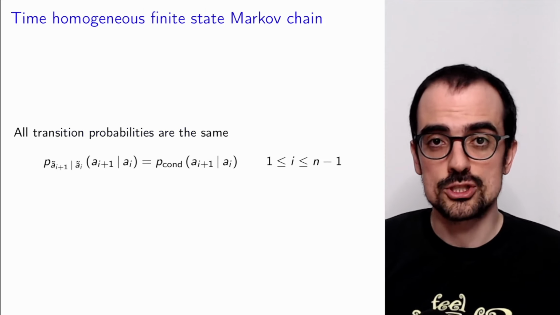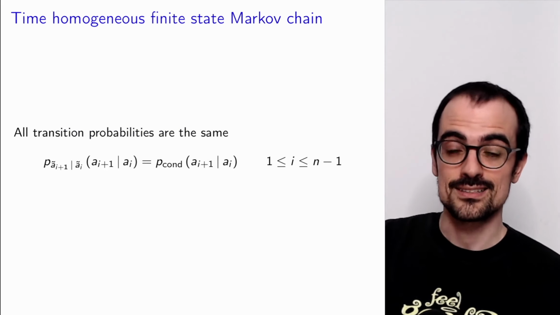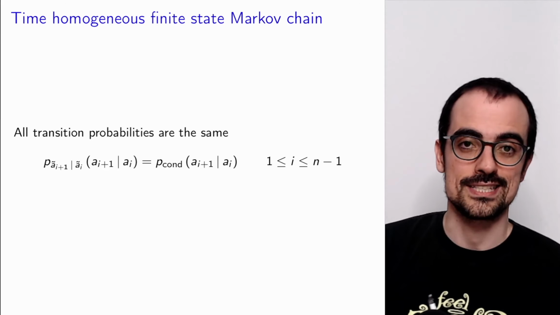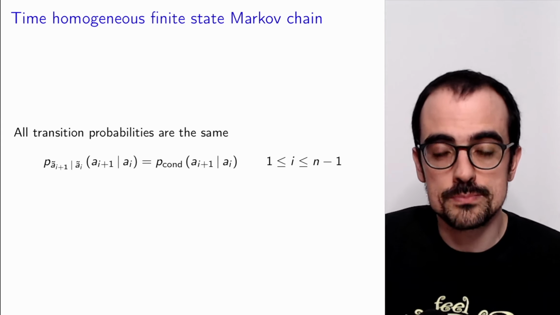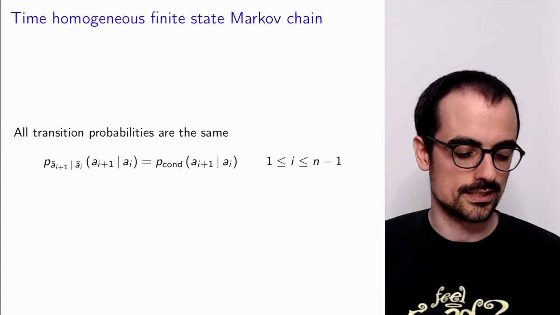An additional assumption that makes it possible to estimate this joint PMF, even if you have a single time series, is that you say that the transition probabilities are all the same, which again will often not be true, but it will give you a reasonable model that you can actually fit to the data.